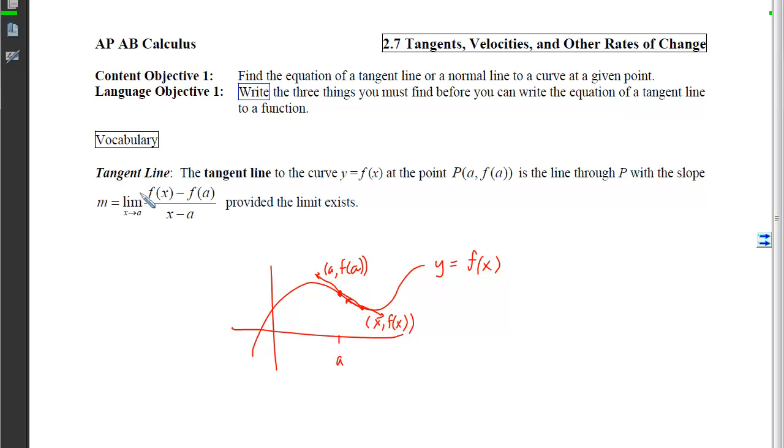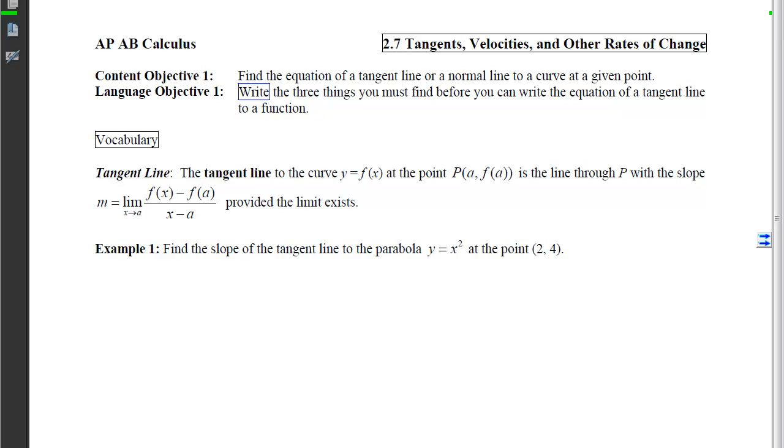Notice that the limit notation we learned in sections 2.2 and 2.3 is what enables us to get the x-coordinate of x to collide onto the x-coordinate of a. So if this limit actually exists, then this limit of the difference quotient is going to be the slope of that tangent line.